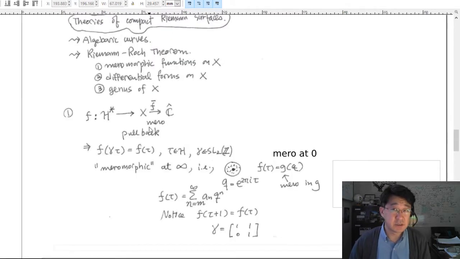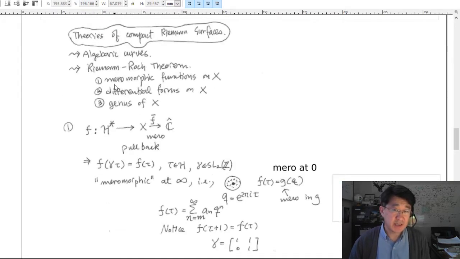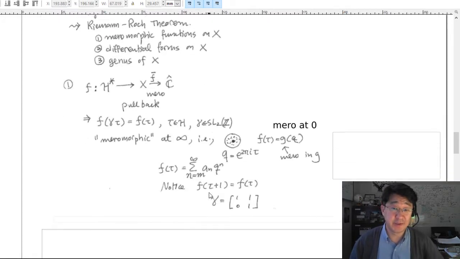So out of these meromorphic functions defined on this Riemann surface, we created functions defined on the upper half plane satisfying these two conditions. They're called automorphic functions. All right. So that's the one thing. Out of meromorphic functions defined on X, we have automorphic functions defined on the upper half plane.